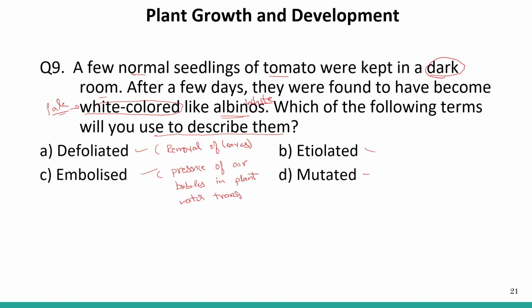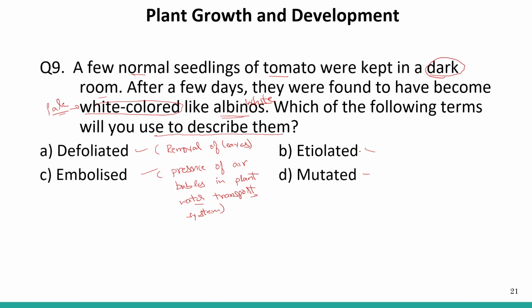Usually a continuous column is required, but sometimes there is an air bubble in the plant water transport system, and this can inhibit the growth. It can also inhibit or decrease the water uptake.